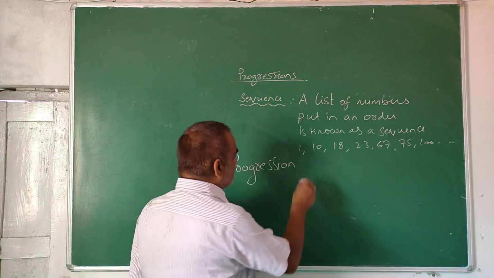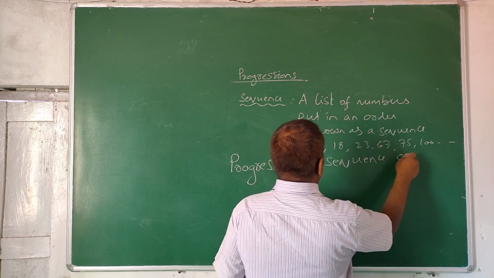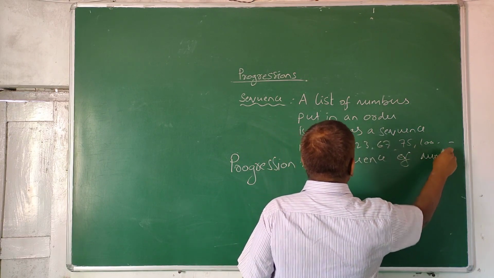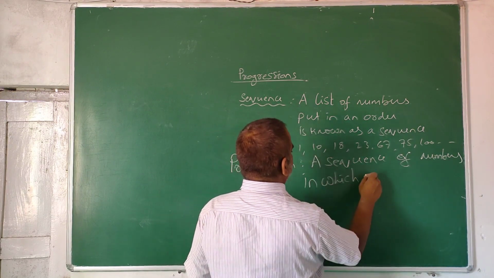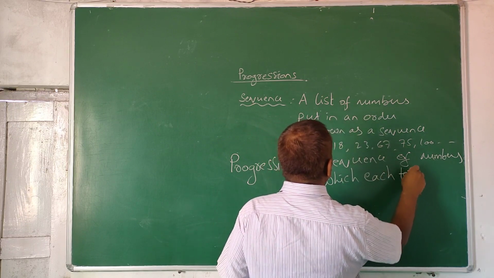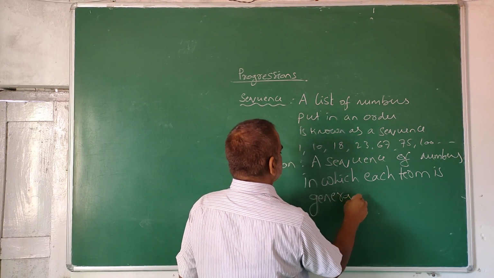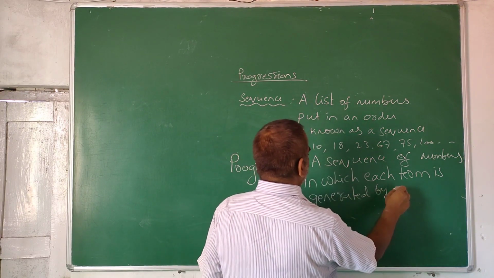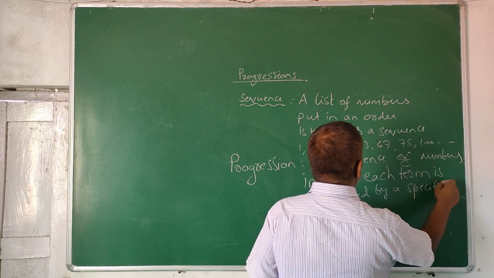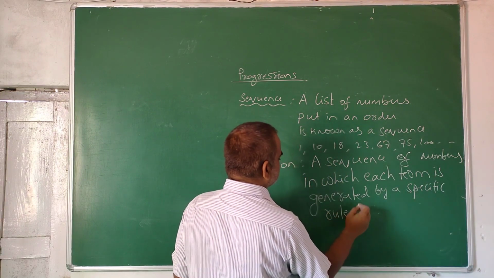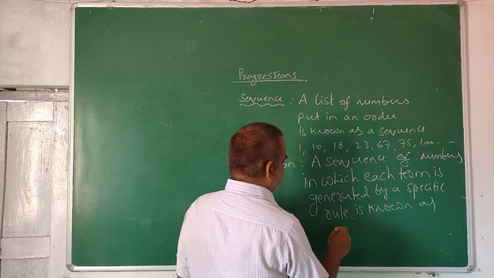a progression. So, a sequence of numbers in which each term is generated by a specific rule is known as a progression.